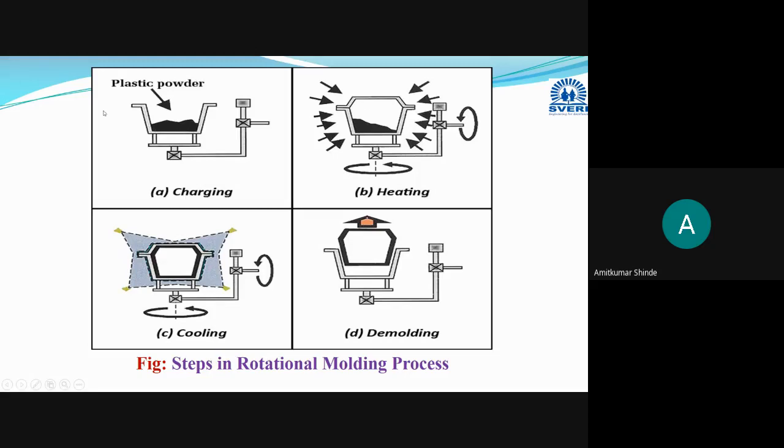It is made in such a way that it can be divided into two halves. In the first half, we have to take the raw material in the form of a powder. This is also known as charge preform, and generally we are using thermosetting plastic materials. It is taken in powder form.